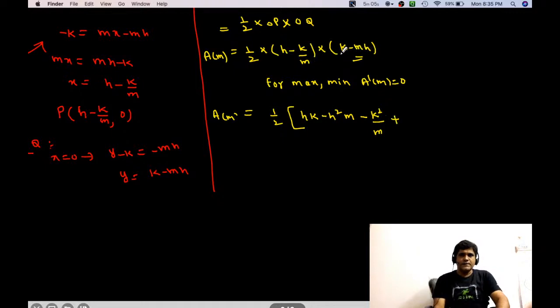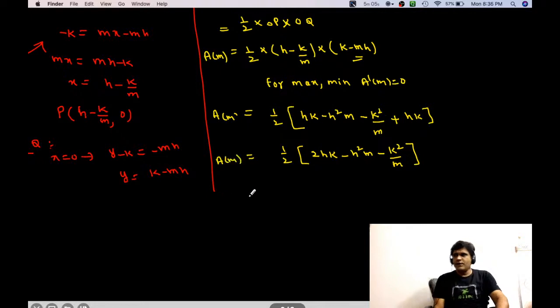The hk terms combine, so the area function in terms of m is A of m equals 1 by 2 times (2hk minus h square m minus k square by m).